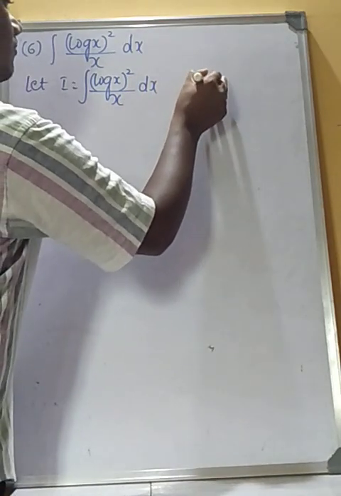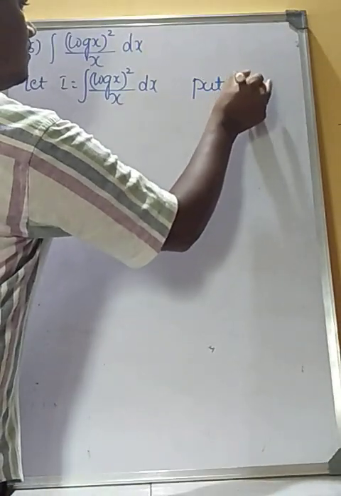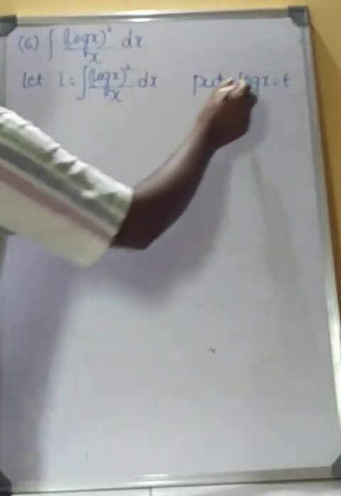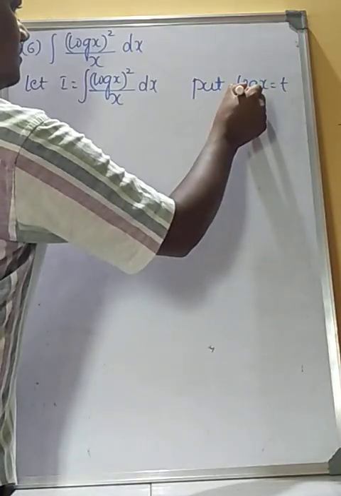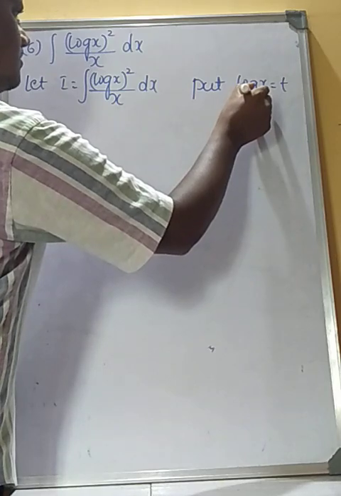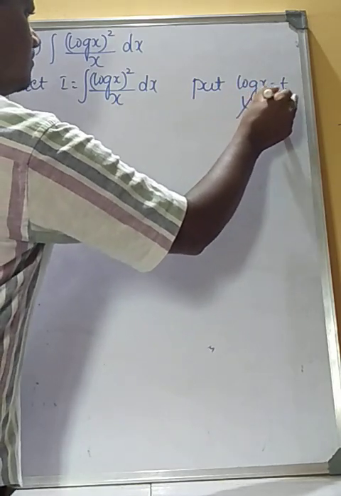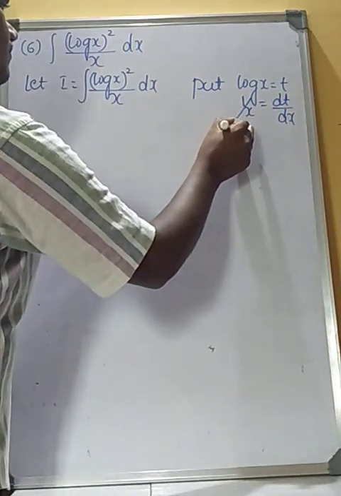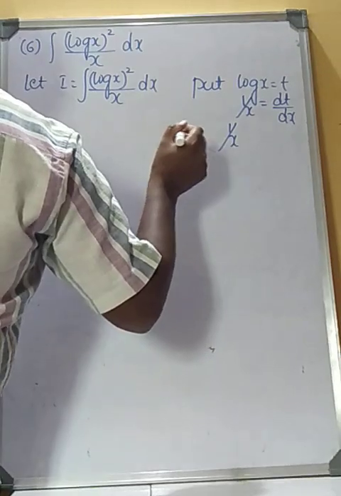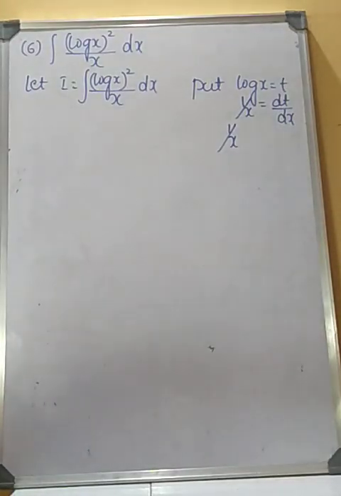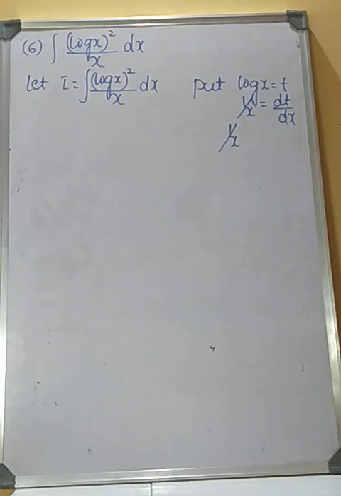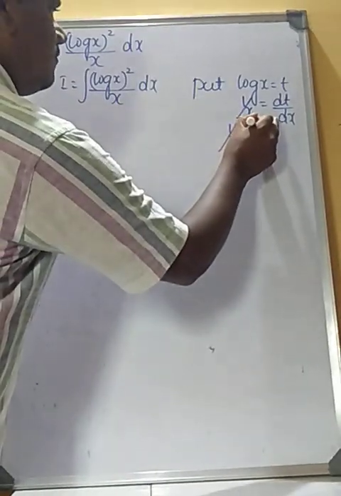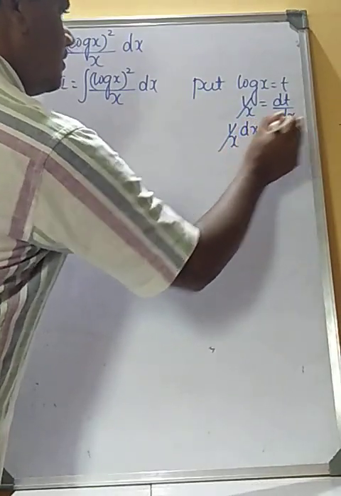So now put log x = t. Differentiate with respect to x: the derivative of log x is 1/x, equals dt/dx. Therefore (1/x) dx = dt.